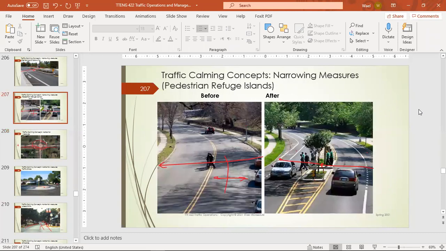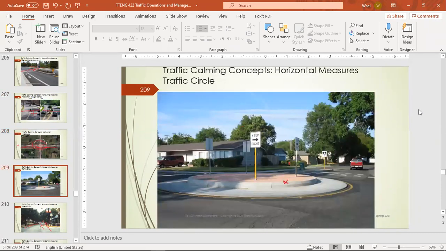In traffic circles, the splitter island is not similar to the splitter islands that we had in the roundabout, and so on. Clear?